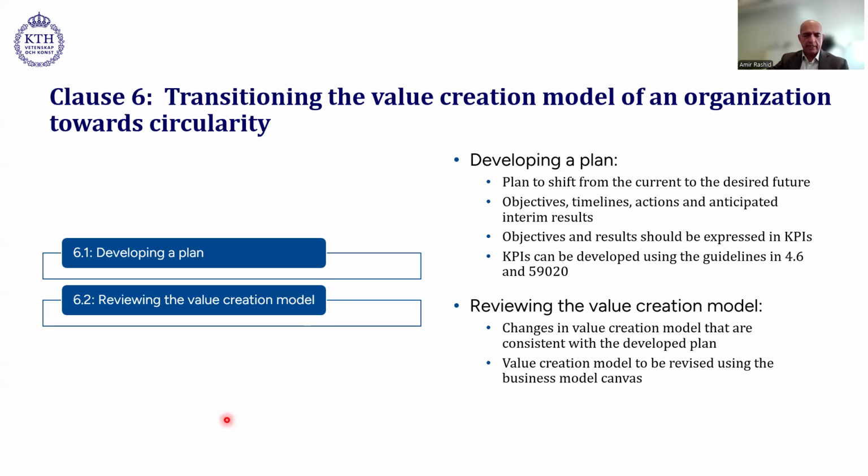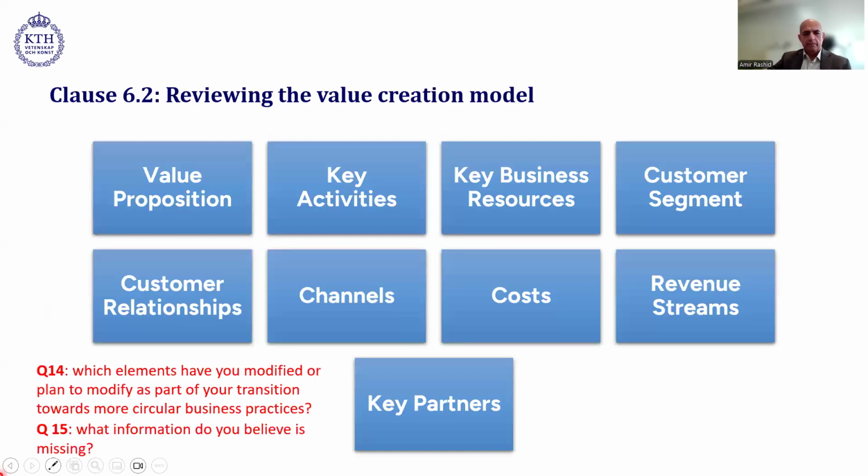And I will try to explain a little bit more in the context of circularity. I think most of us are familiar with the business model canvas, but how we look at it in the context of circularity and in the context of this particular standard. So, Shoaib, if you can move next. All right.